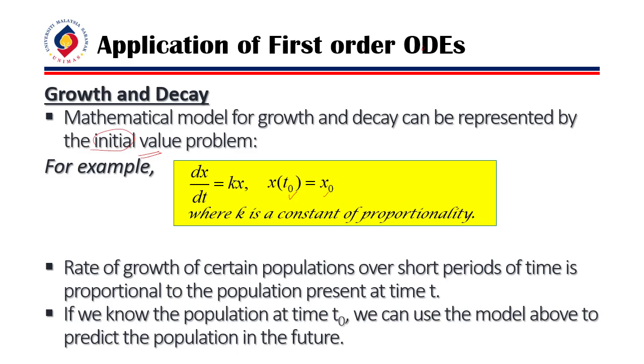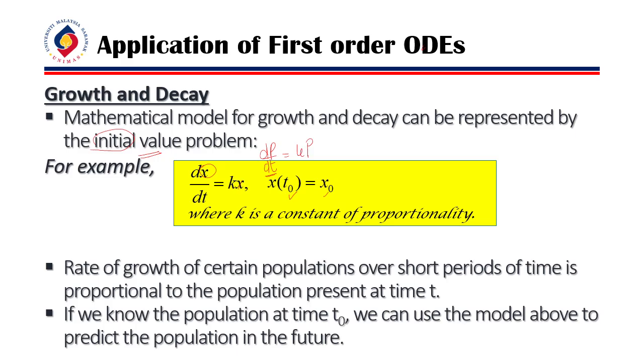Sometimes we just change the dependent variable instead of dx. For the population, maybe you can use dp over dt. So when you change it, it becomes dp equals kp, and the t here represents the time.